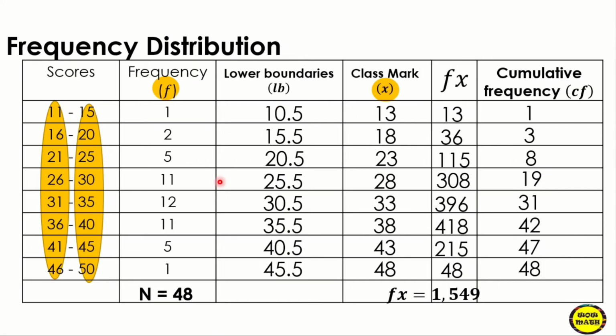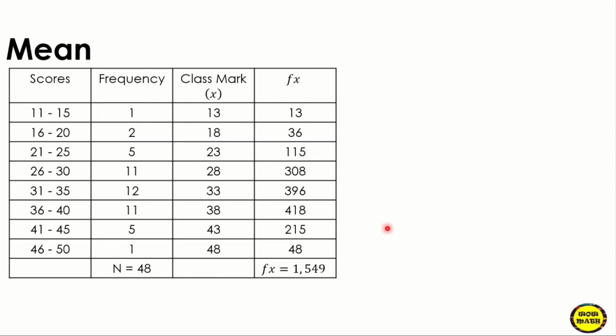Ngayon class, kapag nakompleto natin ito, yung gagamitin natin sa pag-compute ng mean, median, and mode. Okay? So, to compute the mean, ito lang kailangan natin, the class mark and the fx. So, hindi natin kailangan yung cumulative frequency.